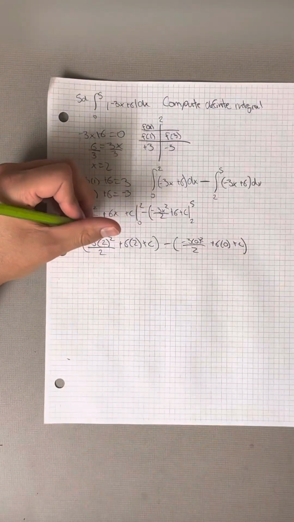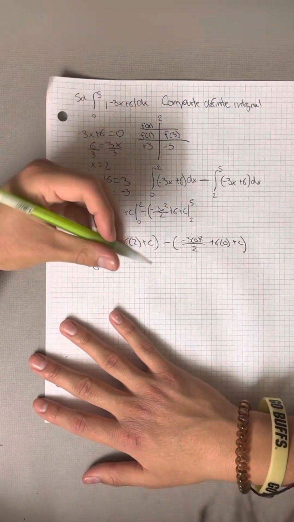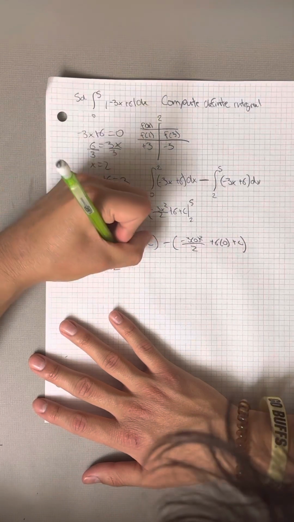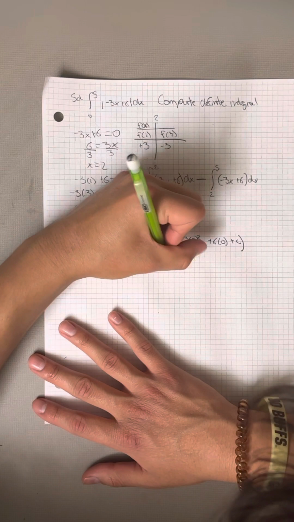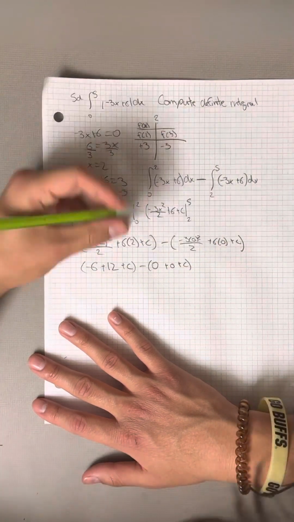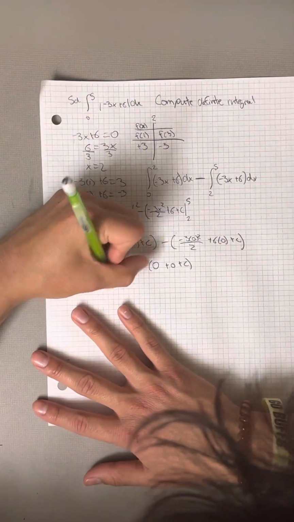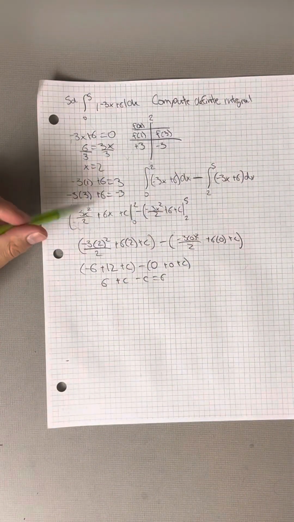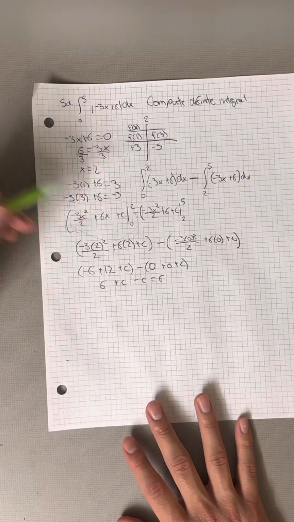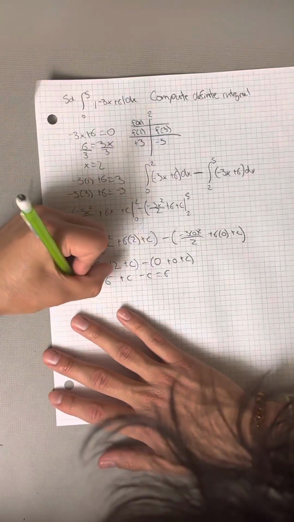So let's get to this. Negative 6 plus 12 plus c minus 0 plus 0 plus c. That is 6 plus c minus c equals 6, our first part right here. Now let's do it again to this one.